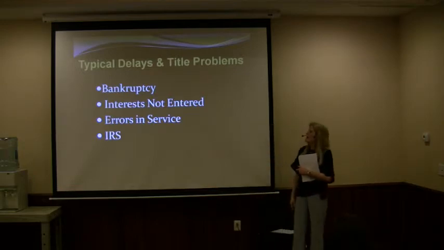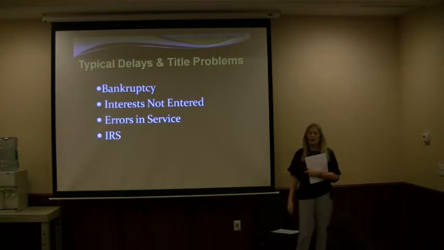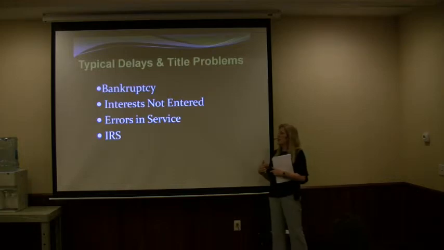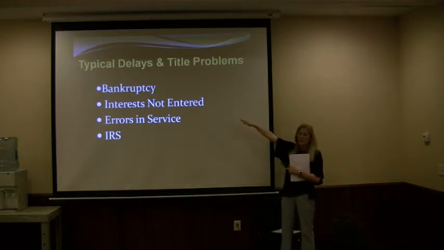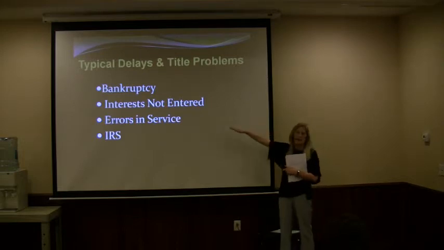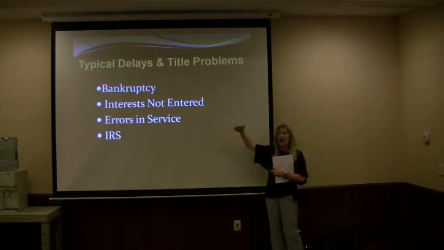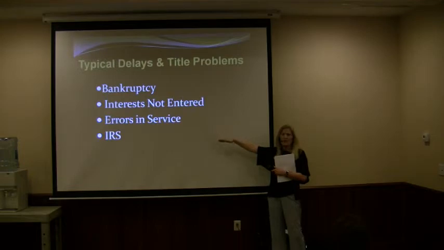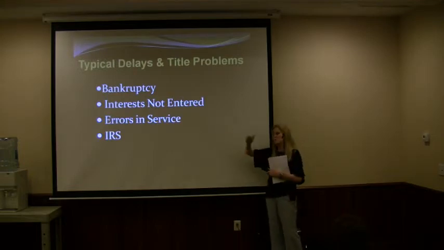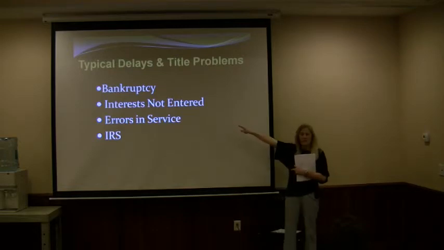So what happens is you're going to feel like you can do one of these properties and buy it on auction, and you haven't checked anything. You don't know that everybody's been entered in. You don't know that everybody's been served. You buy the property, and then all of a sudden you try to sell it, or get a loan, or do anything, and we do a title search, and we say someone's not entered.